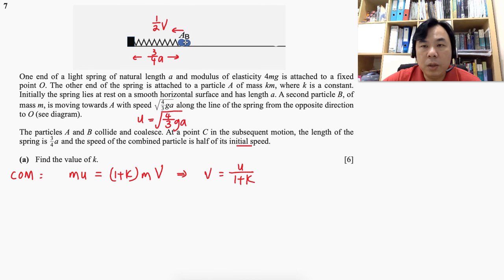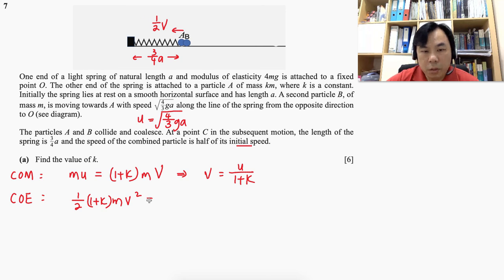Now, after it coalesces and then compresses the spring, we can use conservation of energy in this case. We know that it has an initial kinetic energy, and this is the part that you have to be very mindful of, because it consists of two bodies now, which is 1 plus k times m, with an initial speed of v squared.